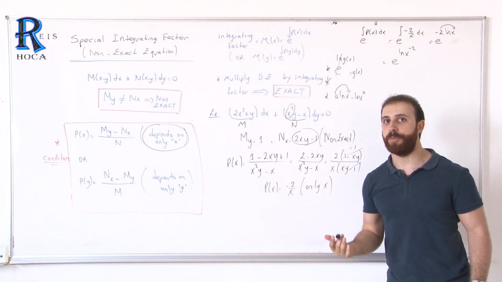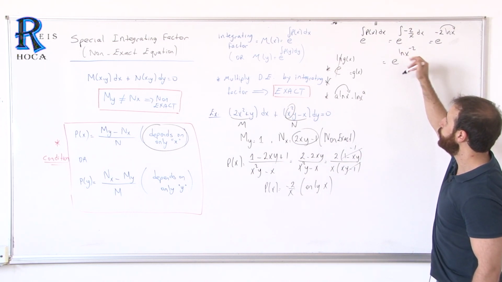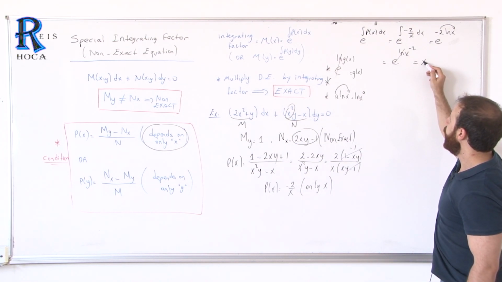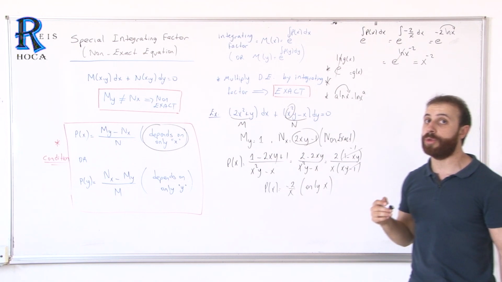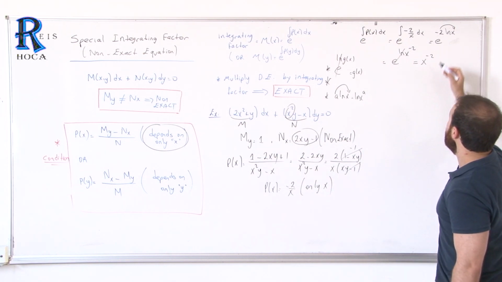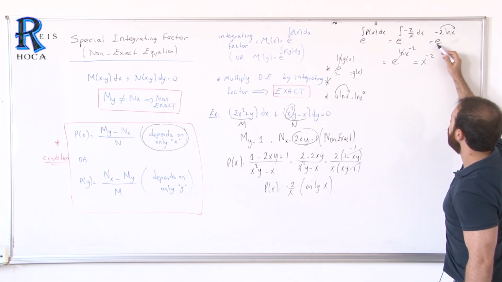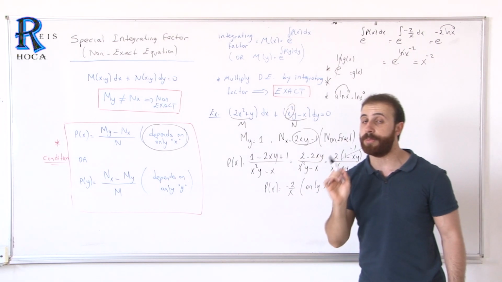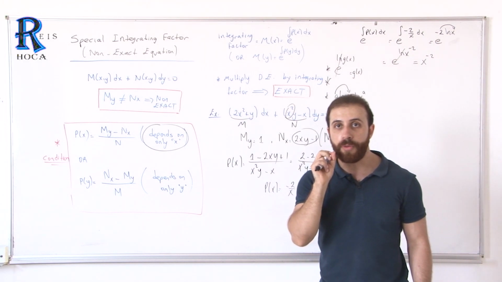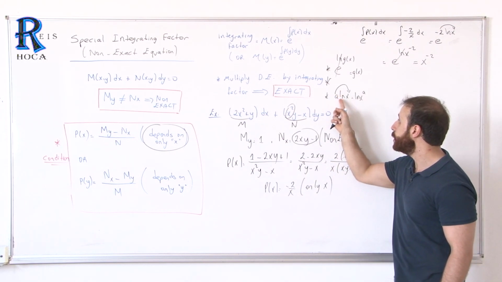Now you can remove them, because the coefficient of the logarithmic function is 1, and we get x to the power of minus 2. We calculated the integrating factor. You see, here you cannot remove and write minus 2x. This is important. You have to make the coefficient 1 by using this property.